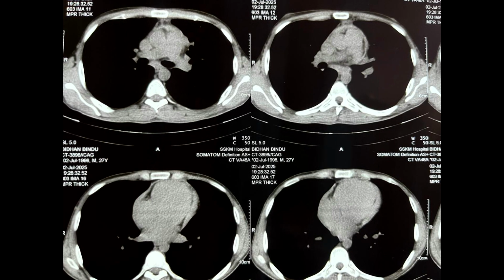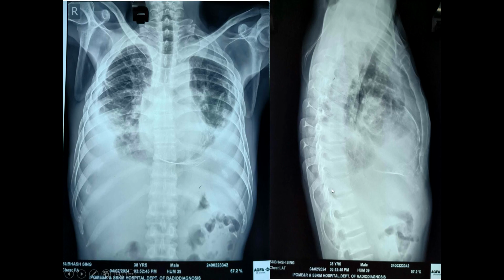This was what we had got from the pulmonary department. They had given us a film of a chest CT, and I have kept this film just to show you that the thickening of the pericardium was very evident in this film as well.